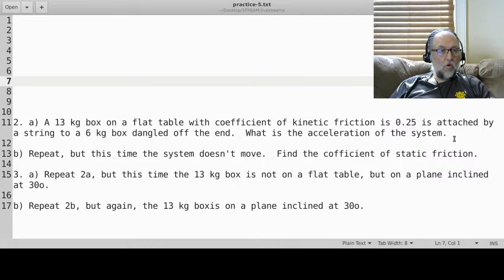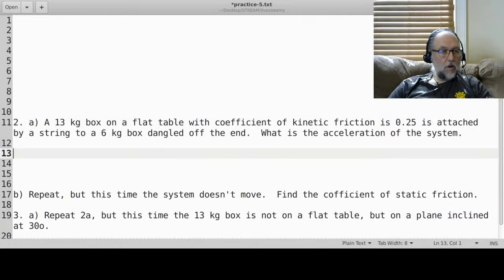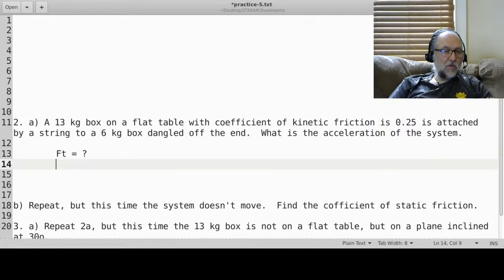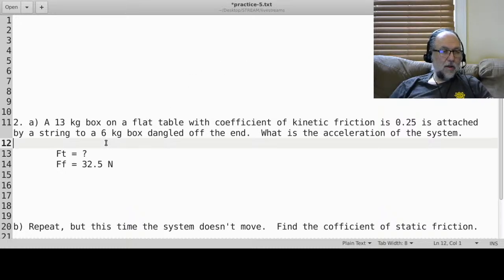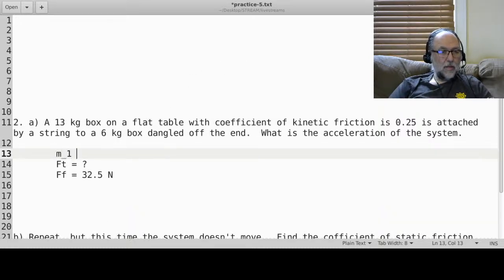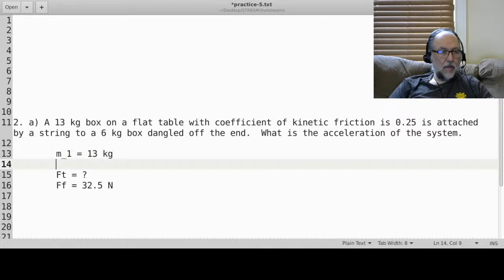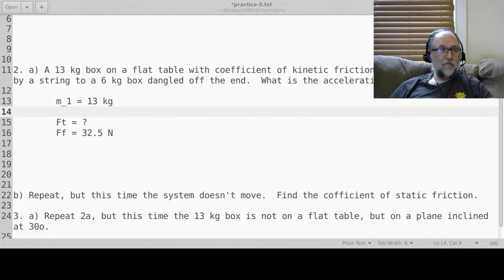Over here, we have Ft, that's the tension force, we don't know how big it is, and we have the force of friction, which was, I forgot already, 32.5 newtons, like that. And I'm not going to write the other two because they cancel out anyhow. And by the way, I should probably say this one is for M1 equals 13 kilograms, because we're going to do this again for the other one.